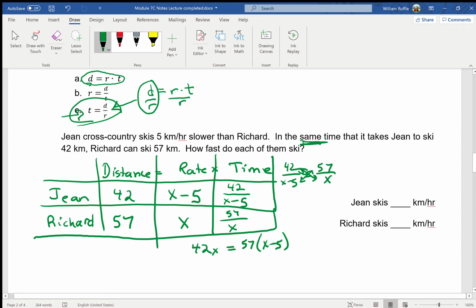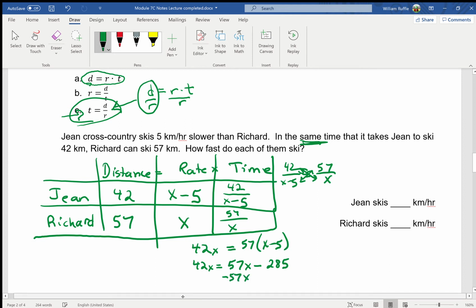So I've got to multiply this out. It's 42x equals 57x minus 285. I just did 57 times negative 5. I did it early in the calculator, so I've already written it out. Please get out your calculator and verify.